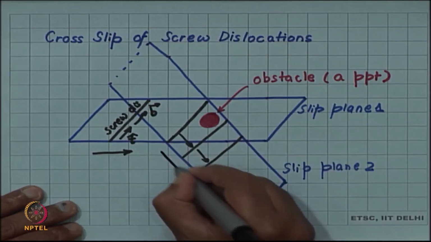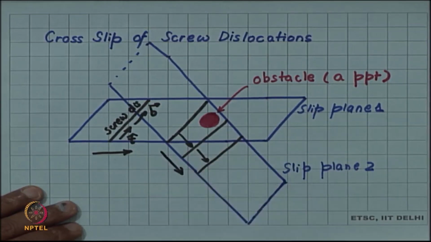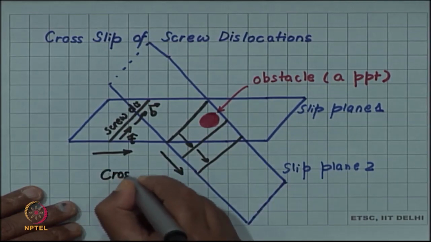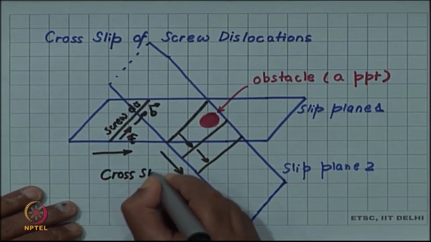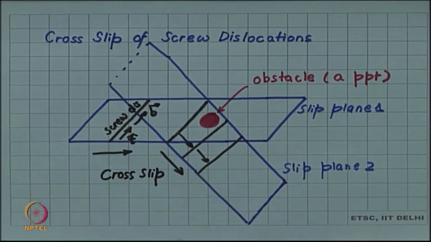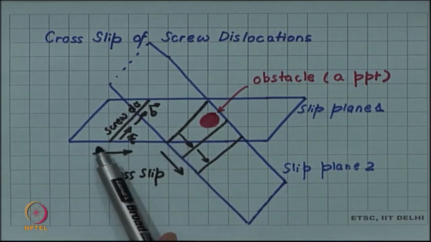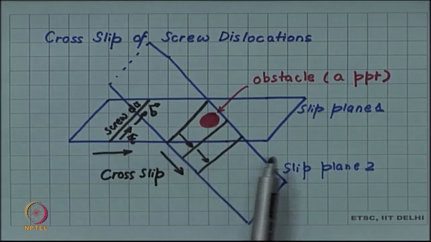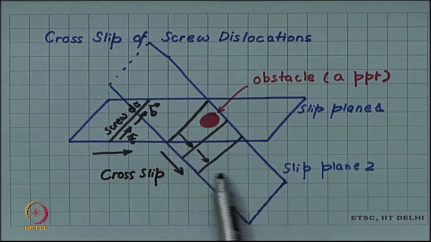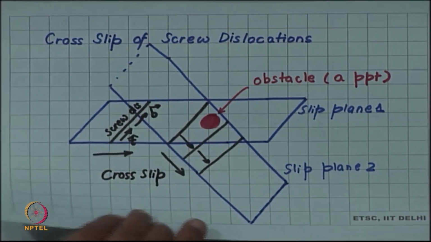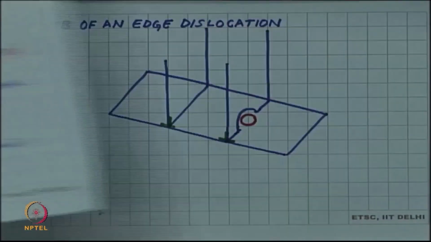This change of the slip plane is what we call cross slip. If cross slip was not happening, the plastic deformation will stop at this point, but if cross slip is possible, then since the dislocation continues to move on a different plane, the plastic deformation will continue.